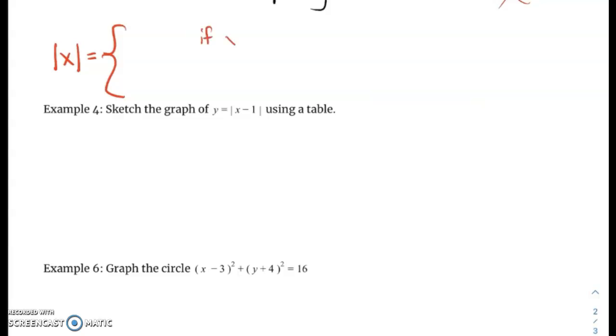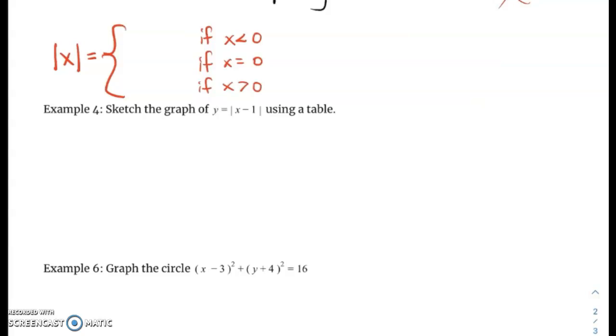Either x is negative, which is less than 0, or x is equal to 0, or x might be positive. So think about that for a second. Those are your only 3 cases. That has to make sense, that x either is negative, it's 0, or it's positive.